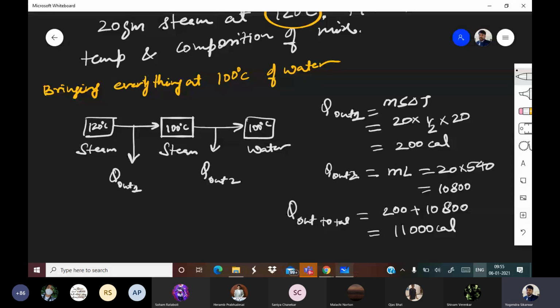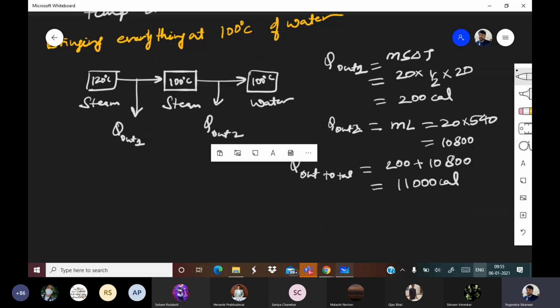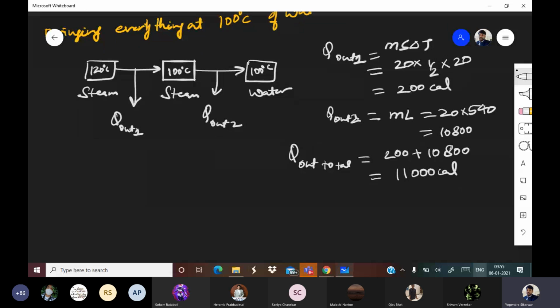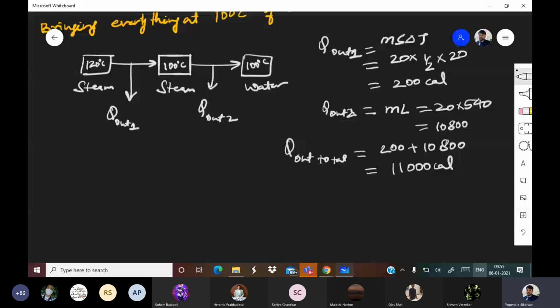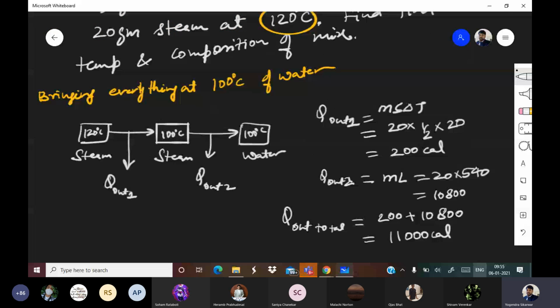So I hope you have noted this much. The second thing we need to do: we had 50 gram ice at -50, I guess. So let us convert that also into water at 100.